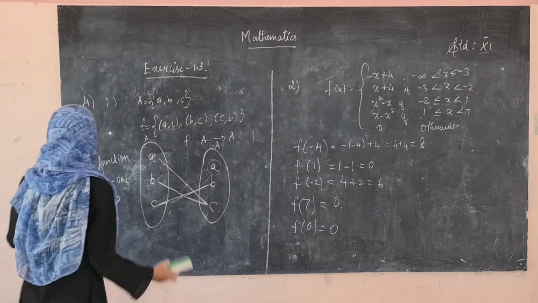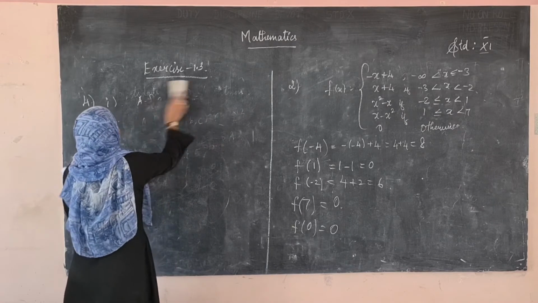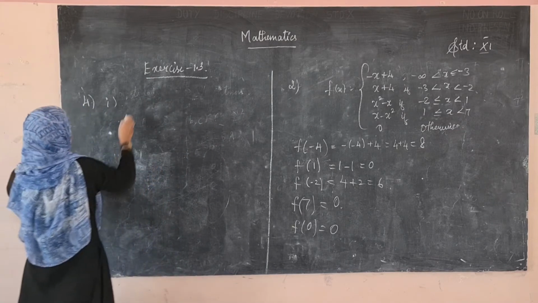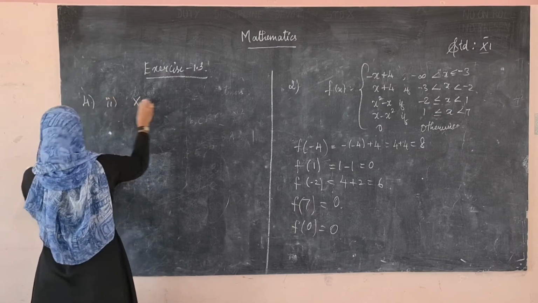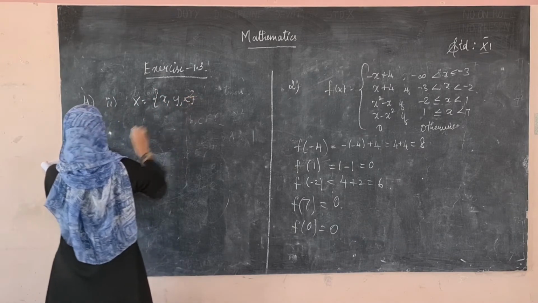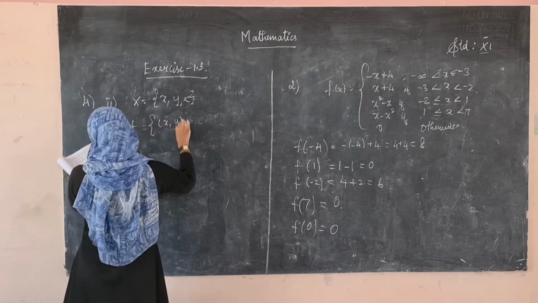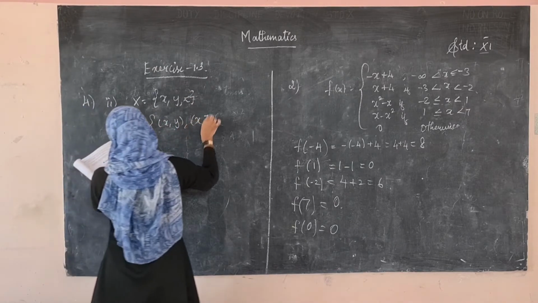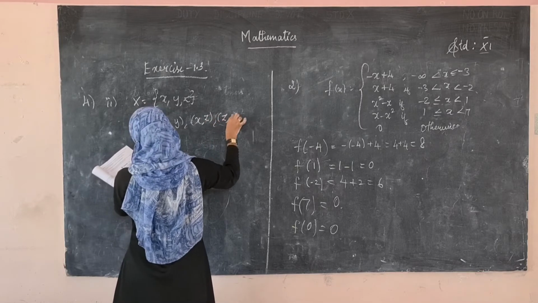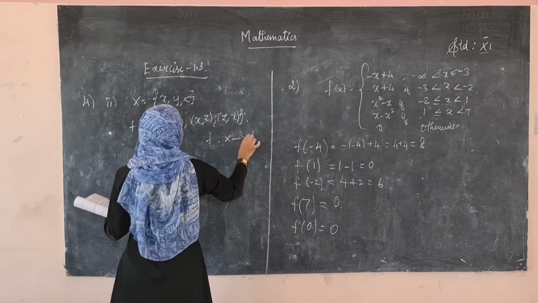See, for the second subdivision, what is it? The set is x, y, z. The function f is (x, y), (x, z) and (z, x). f is a function from x to x.